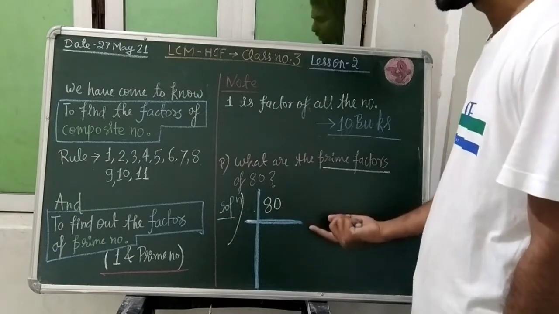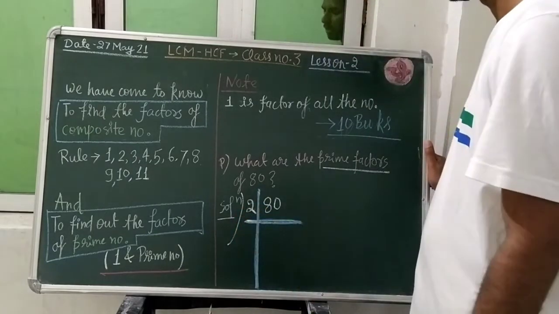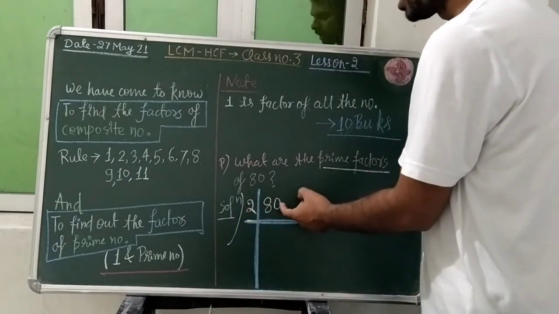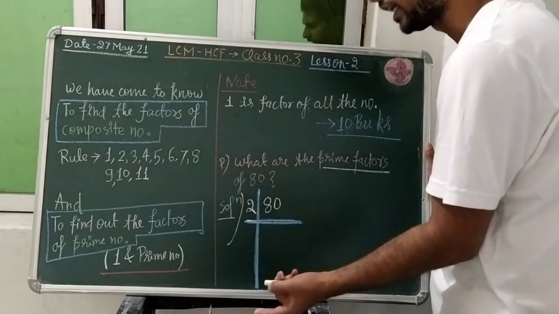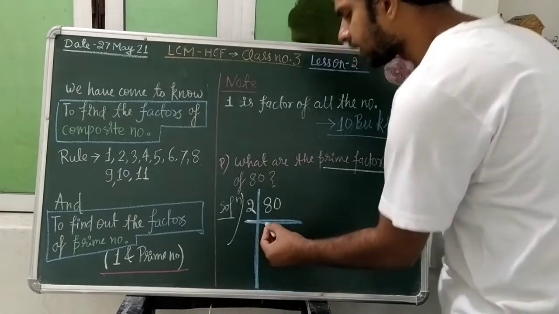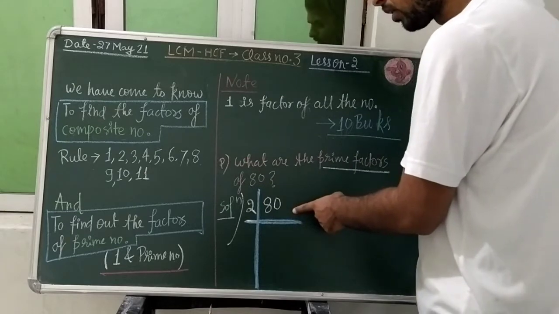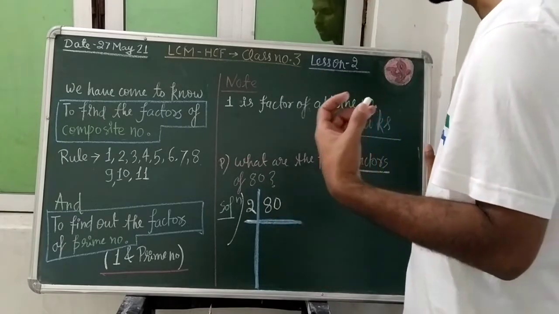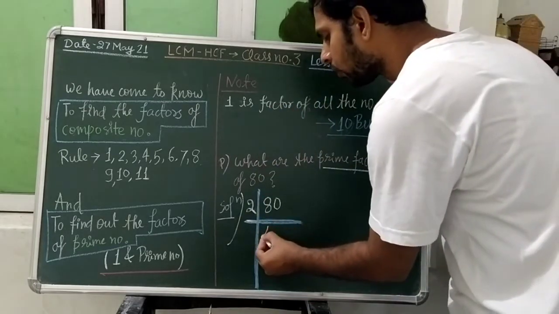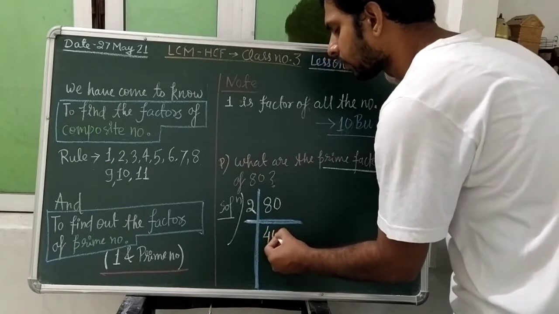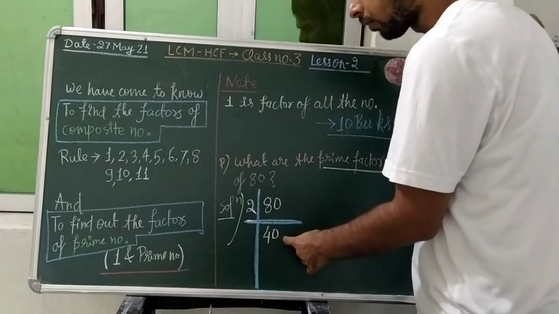If 2 will divide the 80, we will select 2. And how many times will 2 go to divide the 80? Of course 40 times. So 2 into 40 will give us 80. So here 40 will come.